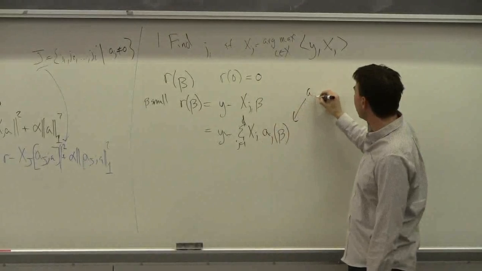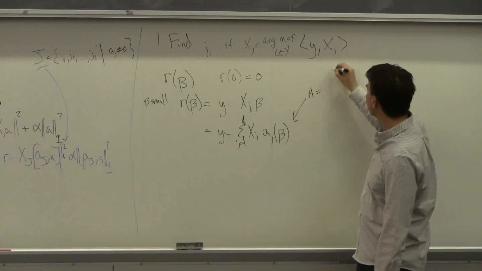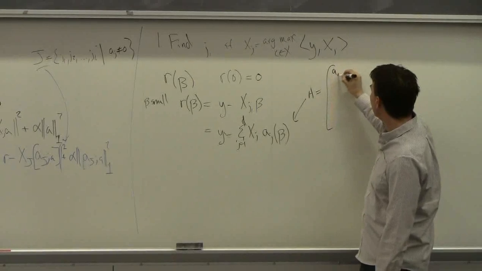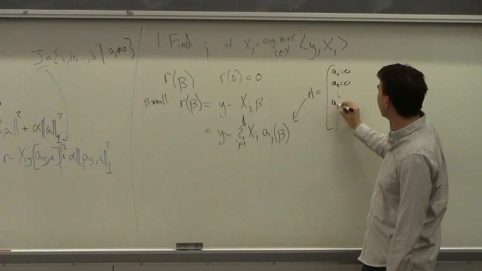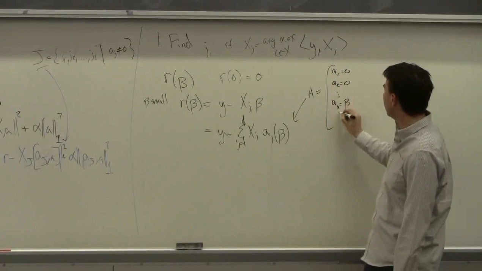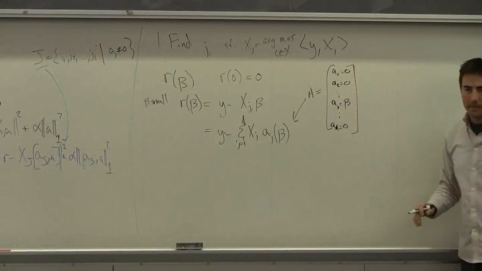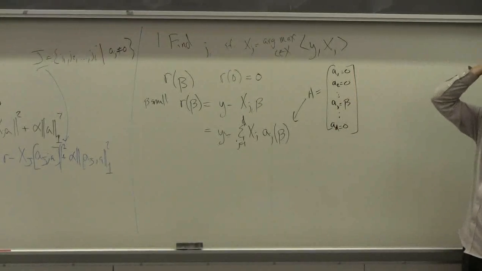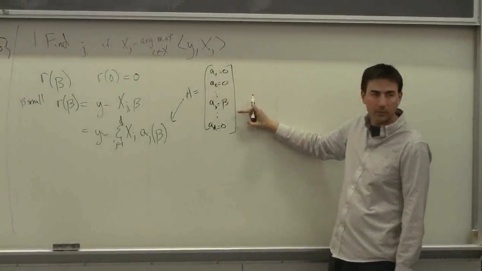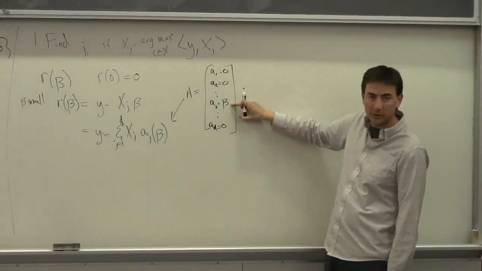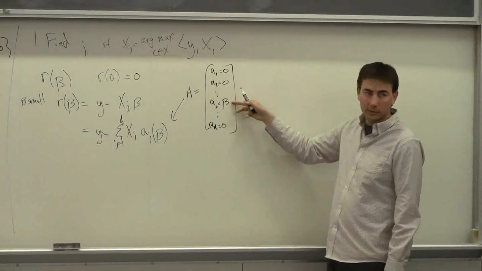Then this was this vector a, which is equal to a1 equal to 0, a2 equal to 0, aj1 is equal to beta, and the rest of ad equal to 0. Okay? So that's here, and then in the future, I'm going to set other ones of these to be non-zero. But it's not going to be quite as simple as just setting them equal to beta. It's going to be something where the sum of them is going to be equal to beta.